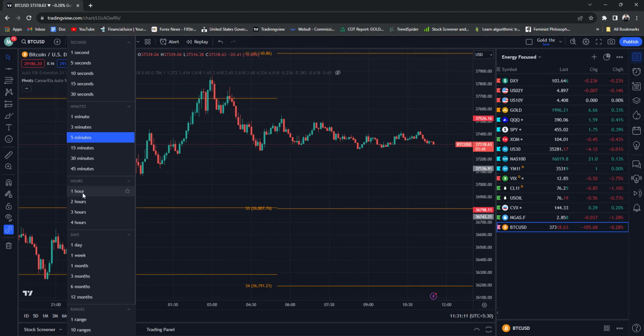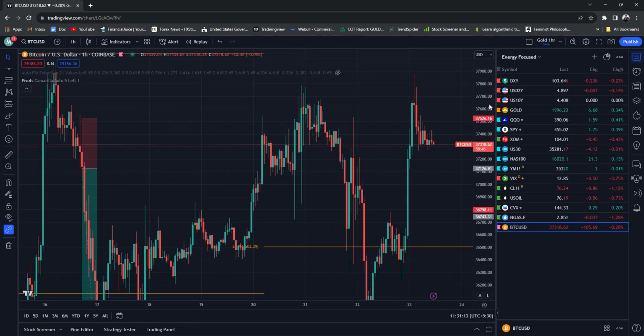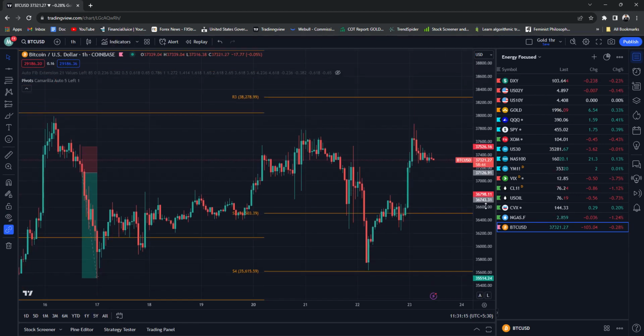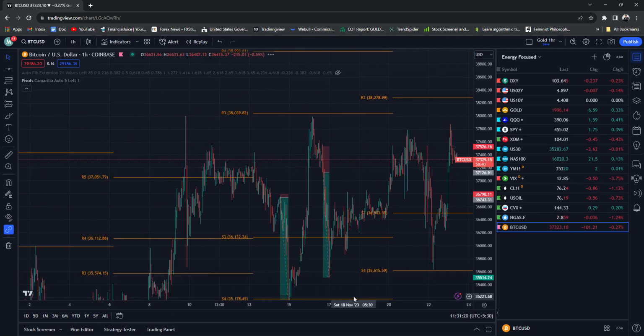So let's just change this to 1 hour and see how it has fared on Bitcoin. So these resistance and supports are predictive of the next move, and these are predictive of the next move.